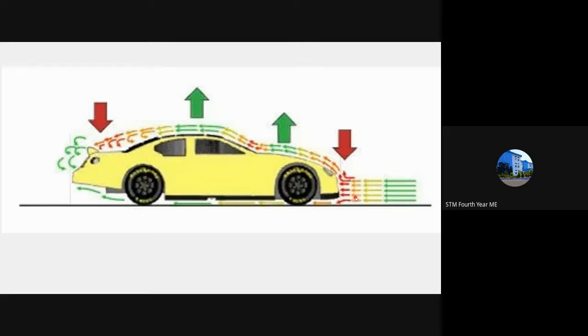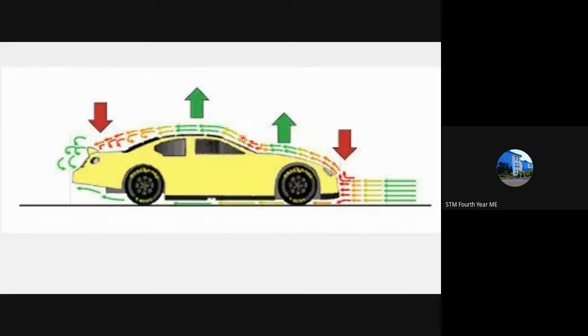At this region, you are restricting the air from moving here. So there is a lower ground clearance, and there will be another component present at the fender of the vehicle, which we will study in a later class. If the velocity here is reduced, the velocity here will be greater, so the pressure generated here will be greater when compared to here, maintaining the negative lift at this point.